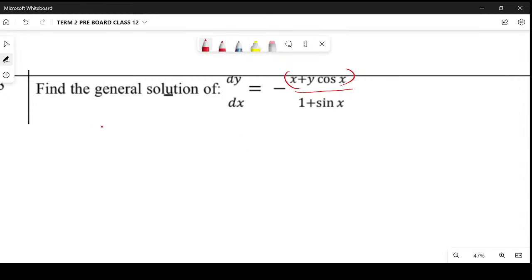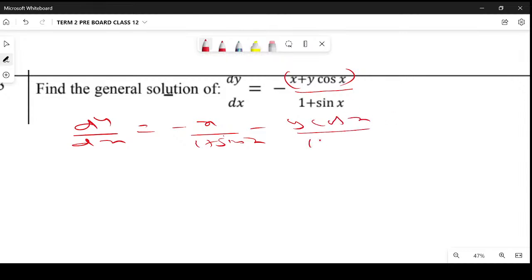When they give a problem like this, I can write dy by dx equal to, splitting this, minus of x by 1 plus sin x, minus y cos x by 1 plus sin x. Now I am trying to convert it to a linear equation.